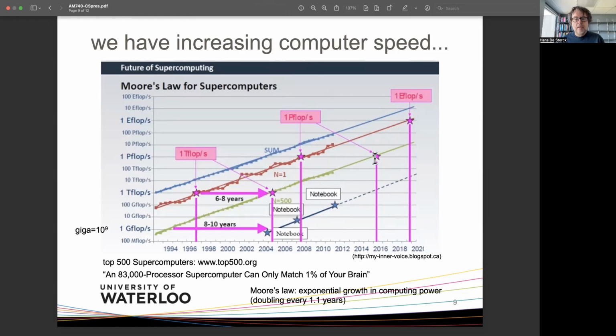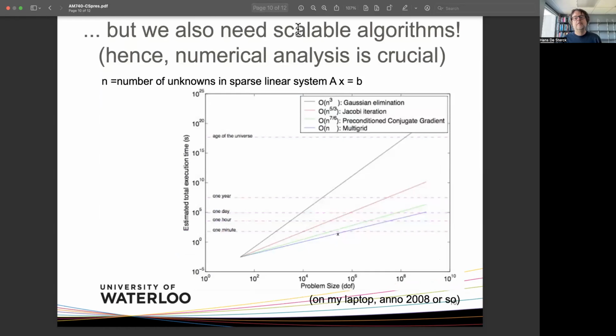But to use that power, it is really important to also use good algorithms. For example, if you solve a linear system the standard way, it scales as order n to the power 3, where n is the number of unknowns. If you want to solve large systems, it would take a lot of time even on very fast computers. But we will learn about much better algorithms that scale much better and give you much faster answers for really large problems. That's the kind of thing we are interested in in this course.